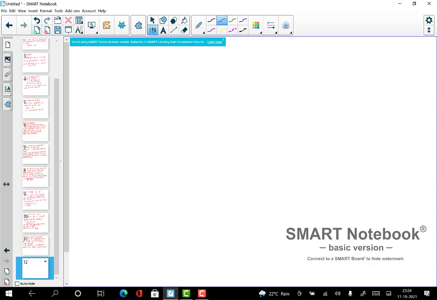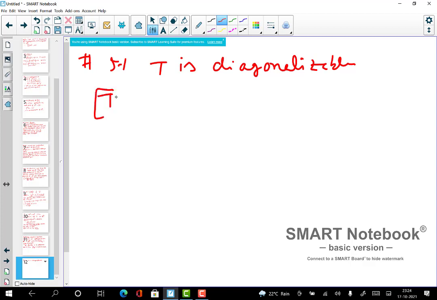Not only that, if you have an operator which is diagonal, then consider the adjoint of the operator. Note that if T is diagonalizable, then you have an orthogonal basis such that the matrix of T is a diagonal matrix.